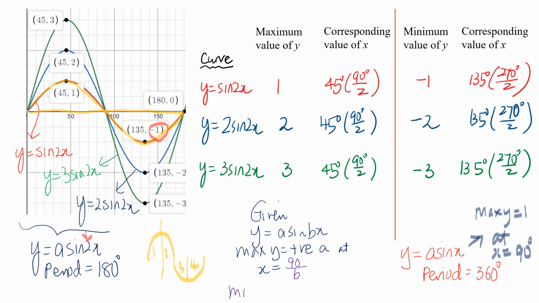Then your minimum y is the negative a at x equals 270 divided by b.